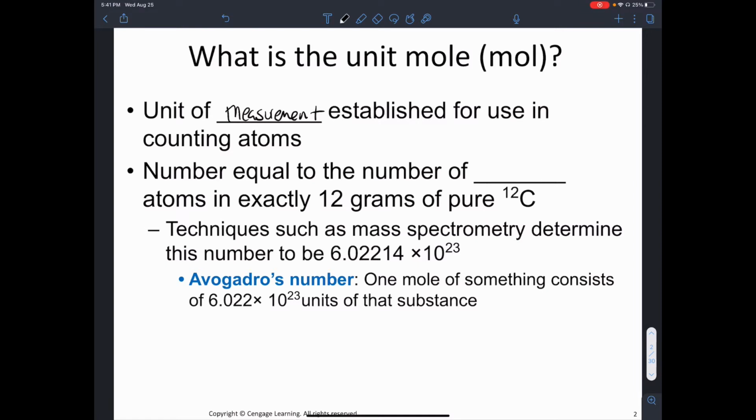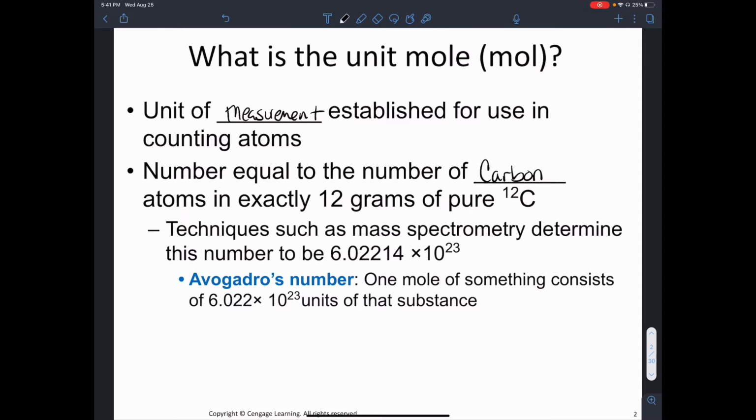Well, chemists have developed this value using the number equal to the number of carbon atoms, a very important element in chemistry, in exactly 12 grams of pure carbon. On the periodic chart, you'll notice that carbon's atomic mass is 12, and so 12 grams, that's 1 mole.